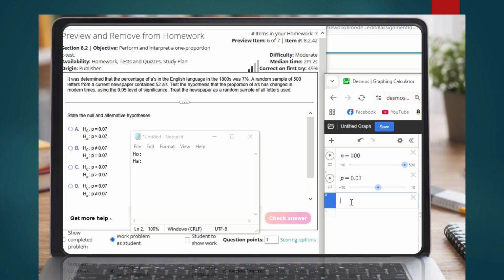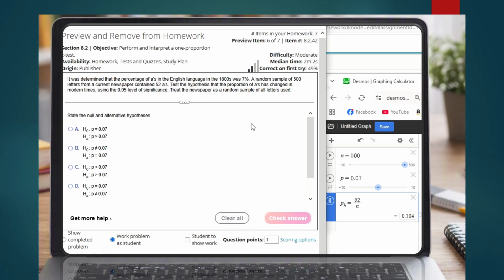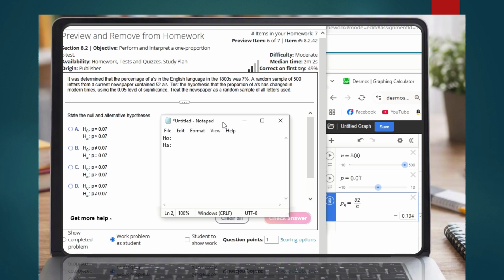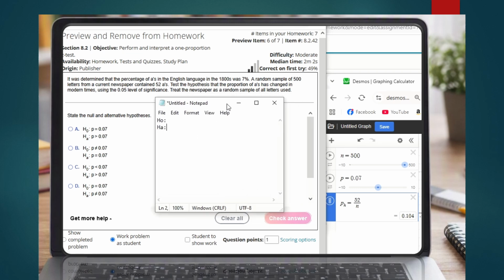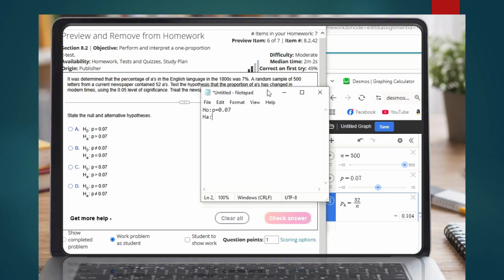And then let's put in what p hat is. P hat would be, out of n, looks like we have a number of successes of 52, which is right here. 52 A's. So we want to test the hypothesis. So let's put in our null. P is equal to 0.07. And our alternate says we want to test that A has changed.